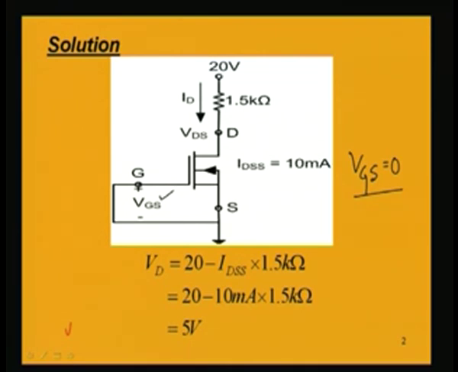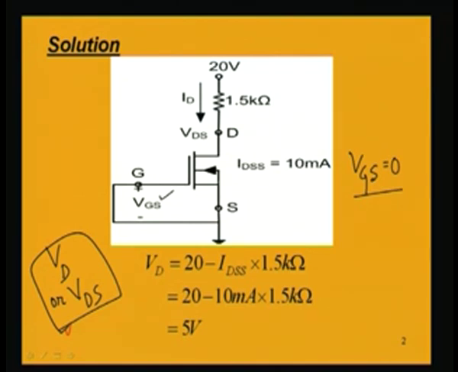So, we can now find out VDS, the drain to source voltage, or simply we can write it as VD. VD or VDS, this is the same thing because the source is grounded. So, the voltage between drain and source is nothing but the voltage between the drain and the ground.